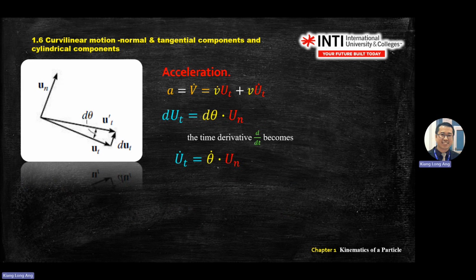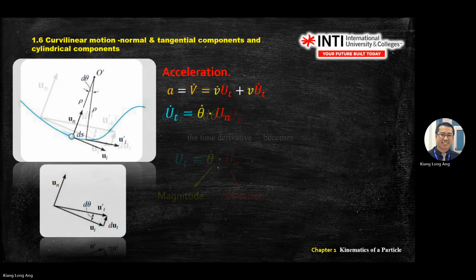So when you differentiate this one with time, du dt, you get this one. You just simplify, it becomes dot. This one you differentiate with dt also, means you differentiate the whole equation, so you get the magnitude.